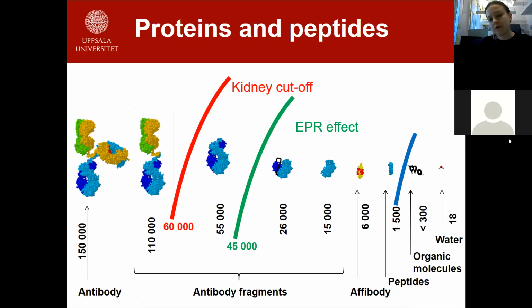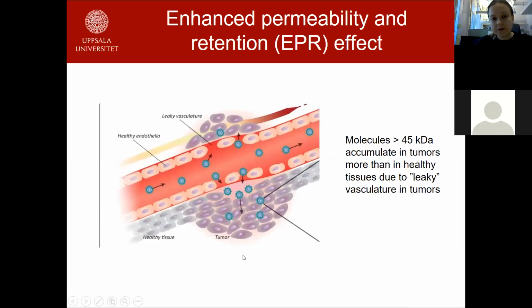And then there is another parameter which is called the EPR effect. Have you heard about it before? Yeah, I think so. No, okay. It is related to tumors in cancer research, and the EPR effect is considerable at about 45 kilodalton.